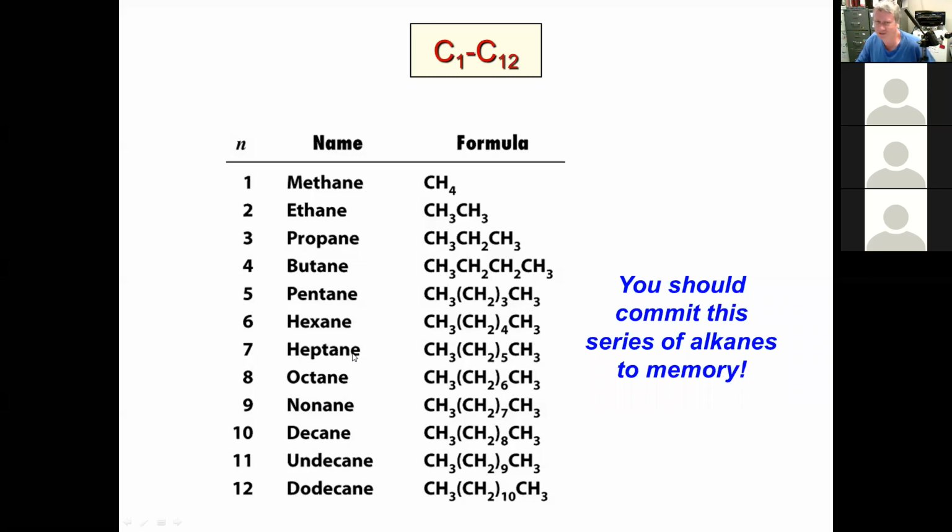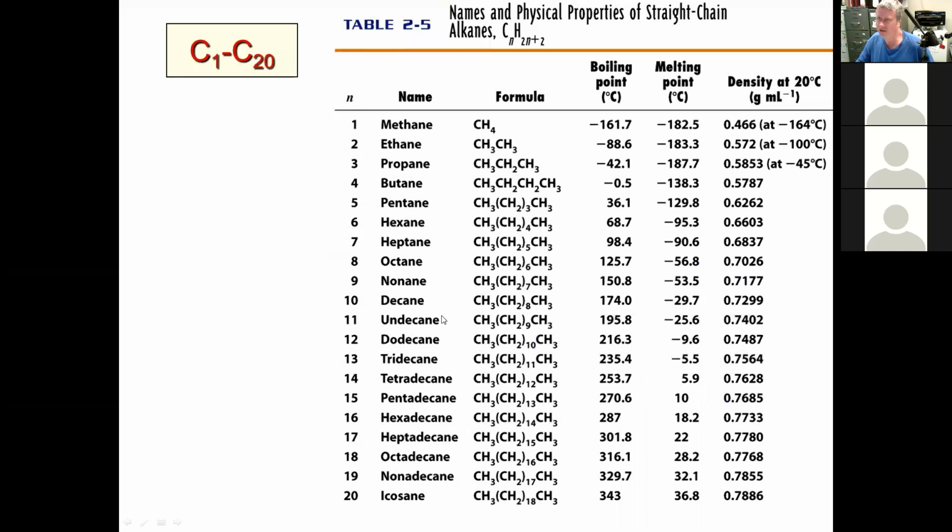You have a table now. It's in your notes. Now if you're really challenging yourself, you can memorize up to 20. From 13, it's tridecane, 14 is tetradecane, pentadecane, hexadecane, heptadecane, etc. I don't know any organic chemists that know these ones by memory.